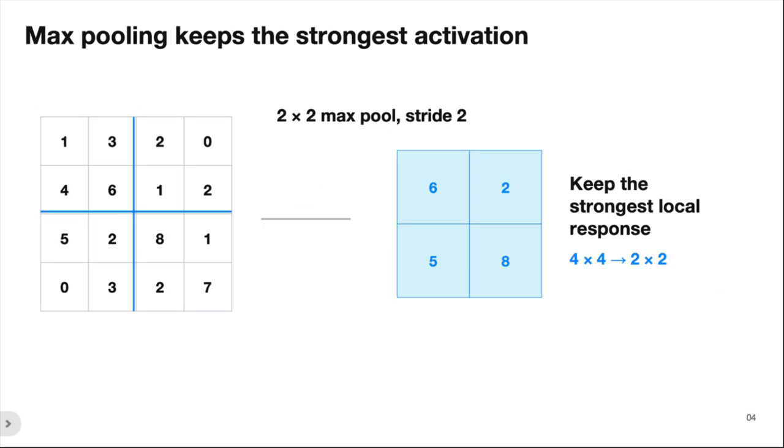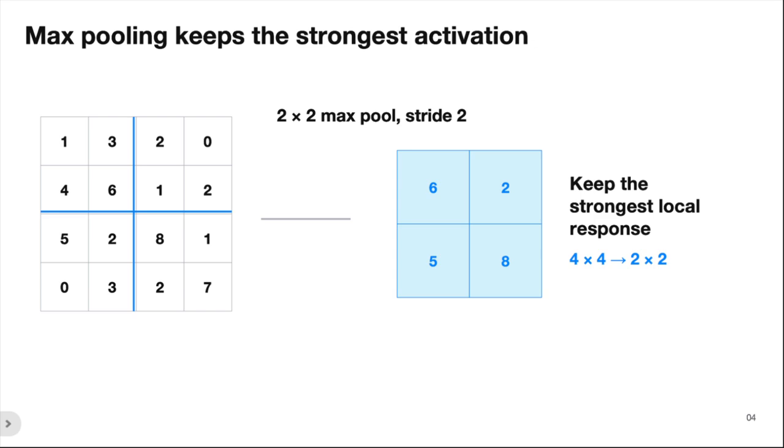Let us compute max pooling by hand. We divide this 4 by 4 feature map into 4 non-overlapping 2 by 2 windows. In the top left window, the values are 1, 3, 4, and 6. So the maximum is 6. The top right window gives 2.